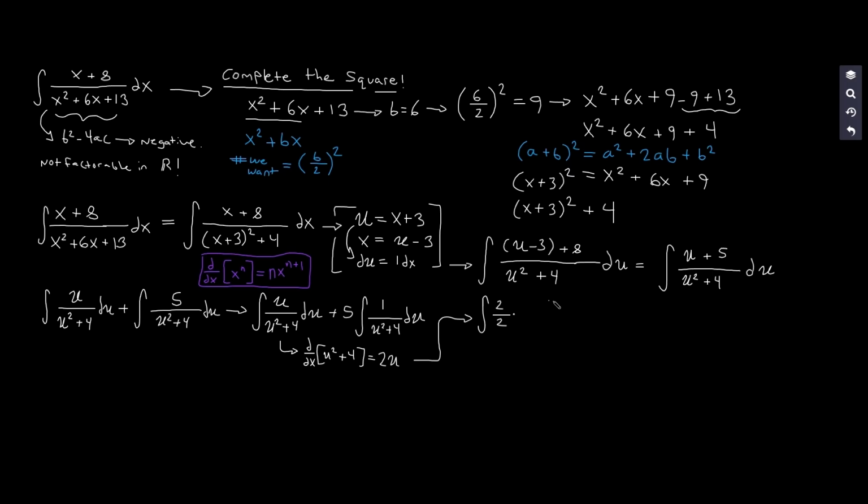Okay, so maybe this will work. I'm not sure. Let's just work it through. So 2 over 2 times our integrand, which is u over u squared plus 4, integration with respect to u.